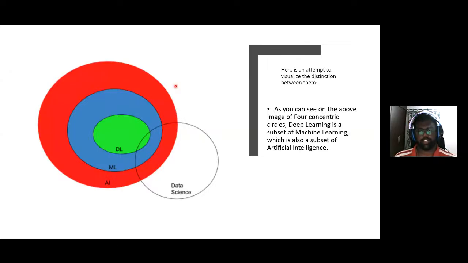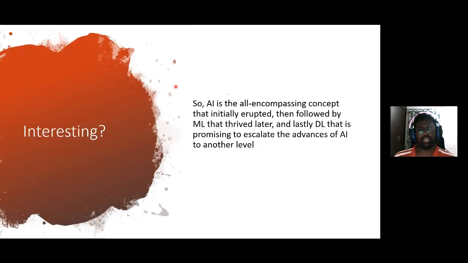Deep learning is a subset of machine learning, which is also a subset of artificial intelligence. Isn't it interesting, guys? AI is all about encompassing the concept that was initially introduced, followed by ML, then deep learning models, and now we have LLM models. Starting from one point, it got elevated to the next level where now we can get everything at our fingertips. That's the evolution that AI had.